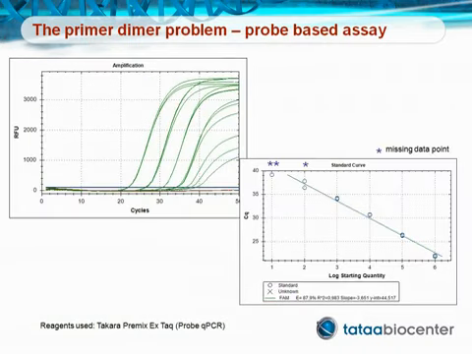If you run a probe-based assay, you will see a different behavior compared to the dye-based assay. The primer dimers will not be detected by the probe, but if you have too high an amount of the primer dimers, they will affect the efficiency of the amplification of the correct target sequence. There will be a competition between making primer dimers and amplifying your target.